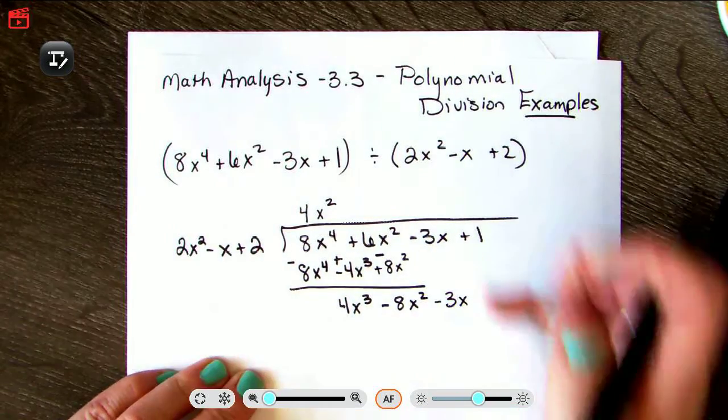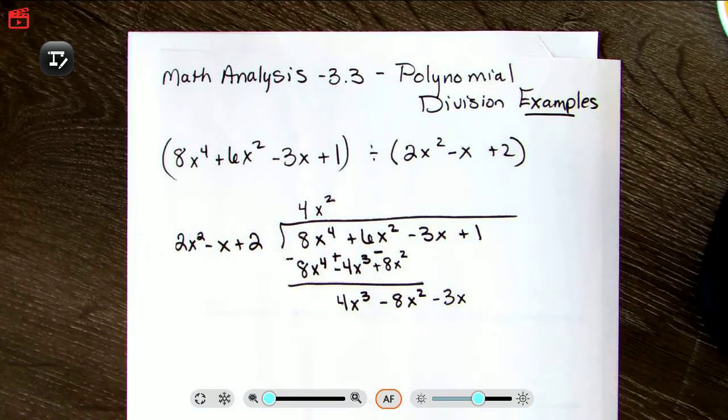Some students will bring everything else down, depending on how neat you are. One thing about being in mathematics, sometimes neatness counts. Subtracting, adding things in columns, kind of like an accountant needs to keep all those digits in the right places, we need to keep our exponents all lined up as well.